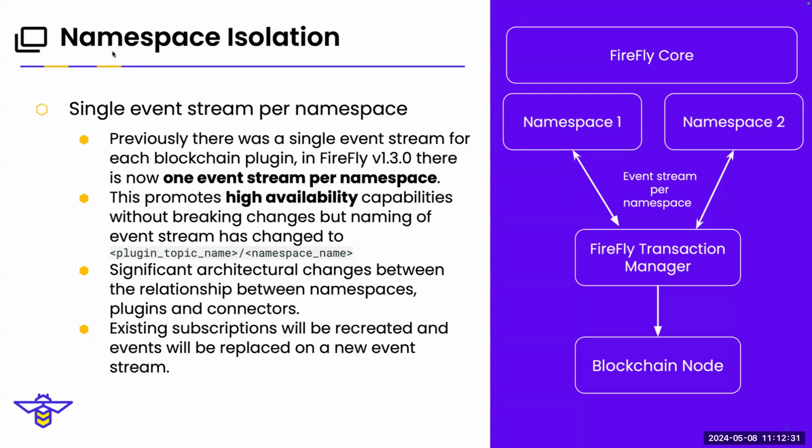Some of this work happened in 1.2. The big piece happened in 1.3. It's a really significant step forward to the runtime, because what it means is it's now completely modular. There's just lots of little modules that are running, and they happen to all run in the same runtime.